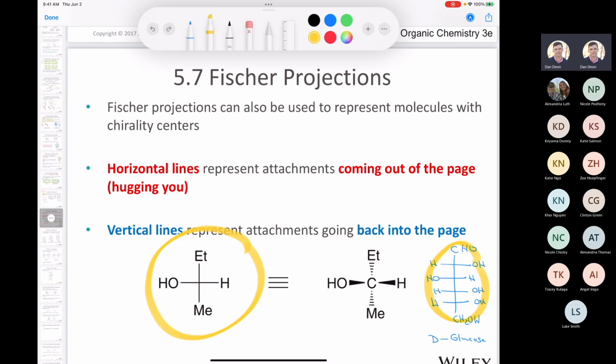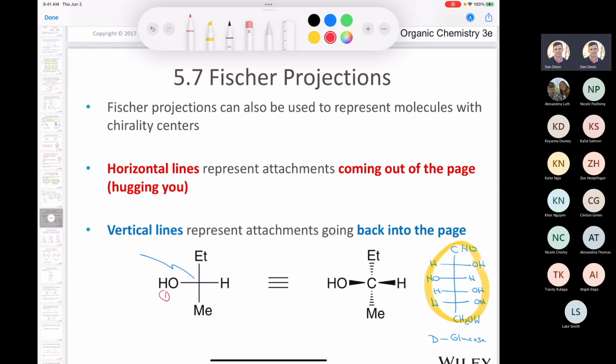But let's say we wanted to designate the chirality at this carbon, which is certainly chiral. What do you notice about the hydrogen? Well, the hydrogen is the lowest priority group, yet it's coming out towards you. What did we say? If the hydrogen is coming out towards you, you reverse the stereochemistry. So we would do the same thing for a Fischer projection.